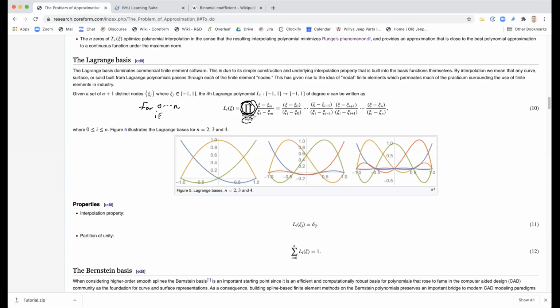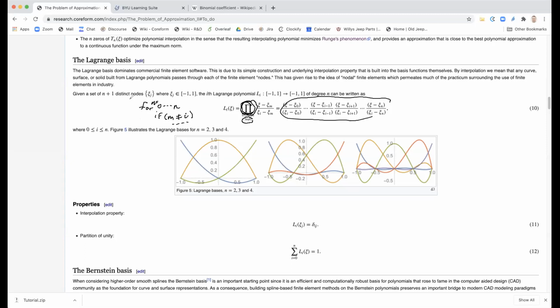So if m goes from 0 to n, and m doesn't equal i, which is what you're going to pass in, then you go in here and you evaluate this thing here.